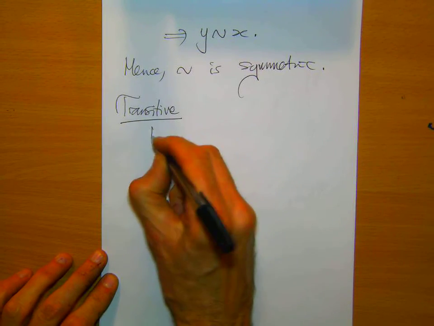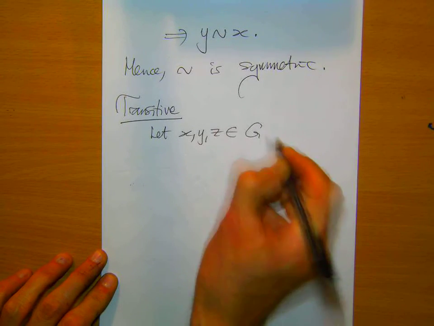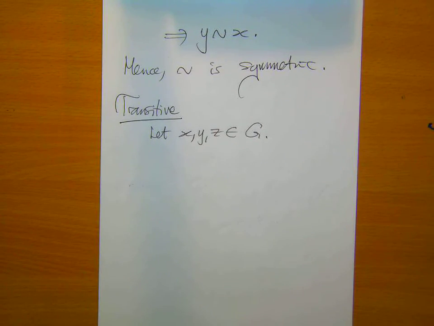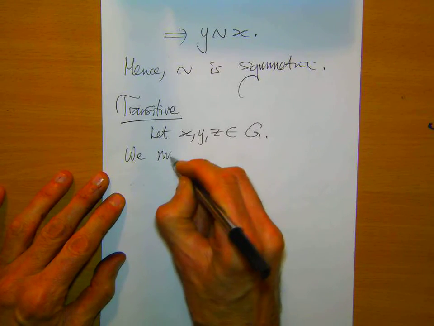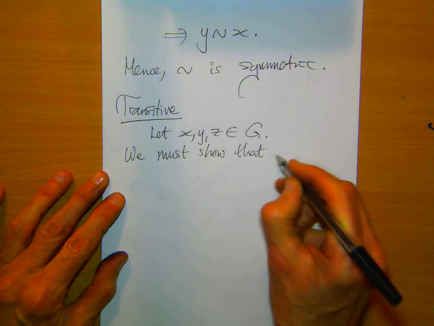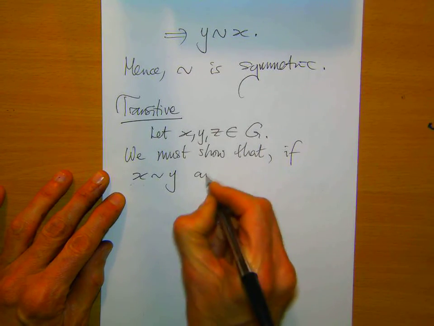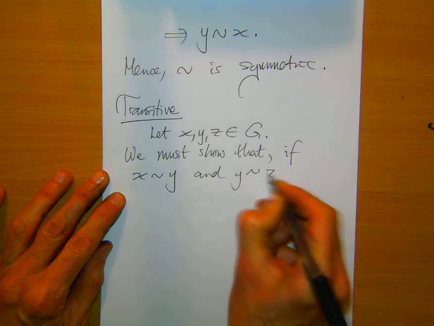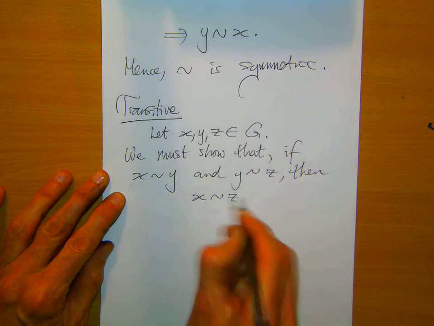So now we take three elements of the group, and we must show that if x is related to y and y is related to z, then x is related to z.